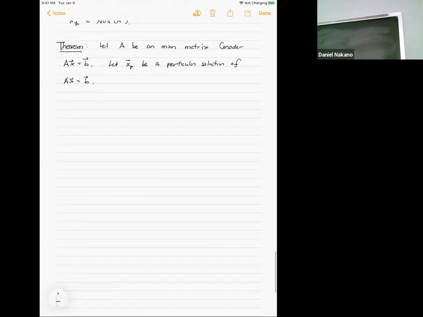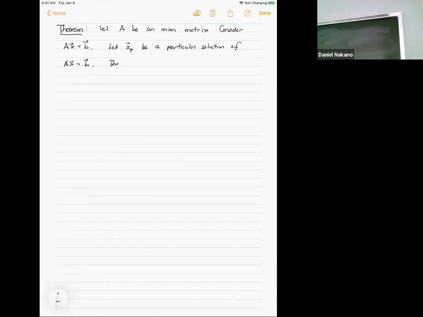All right? Then the set of solutions for AX equals B are of the form X equals this particular solution plus X of H, where we look at every single homogeneous solution.